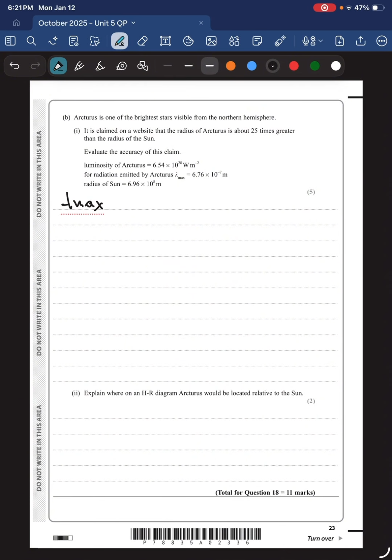The correct way to describe it is that most light emitted from the star peaks at that wavelength. So let's find the surface temperature using Wien's law. Lambda max times the temperature is equal to 2.898 times 10 to the negative 3 meters Kelvin.